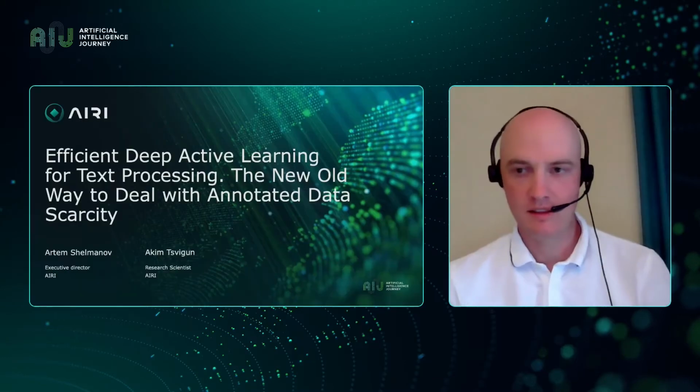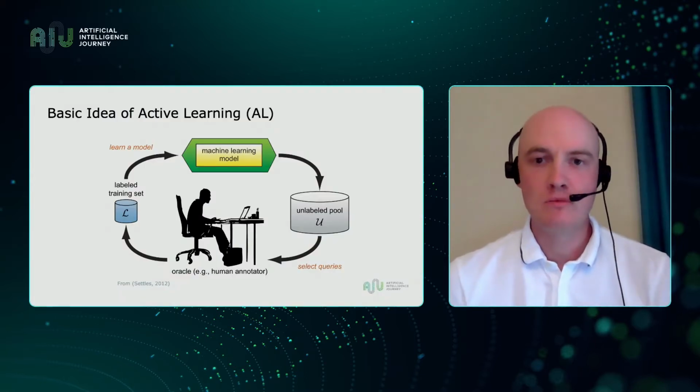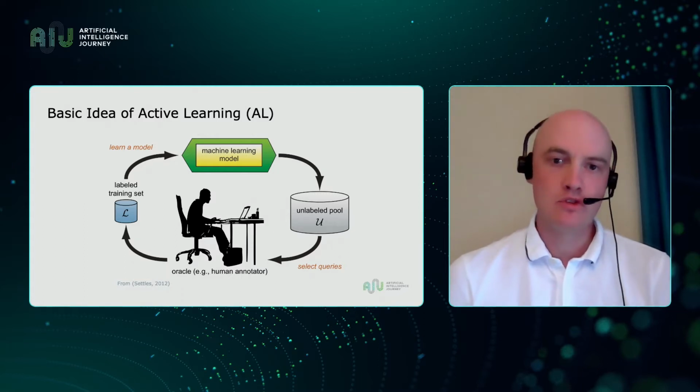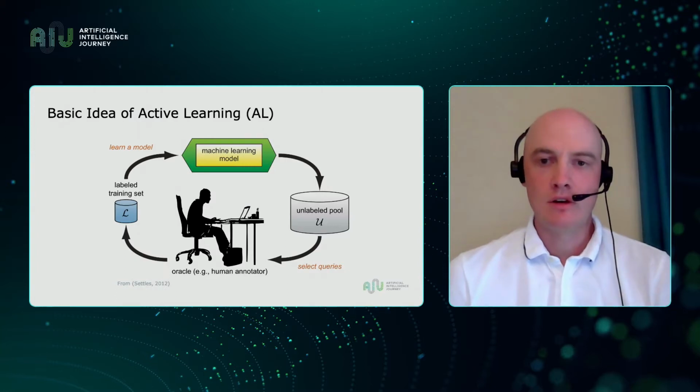Very often, we want to introduce machine learning and AI in production, and so on. But to do that, we need to have some examples which people are going to annotate, to have text. So we need to have annotation. Annotation is a long and time-consuming process.